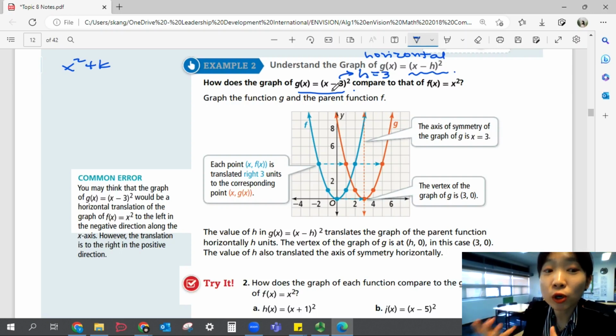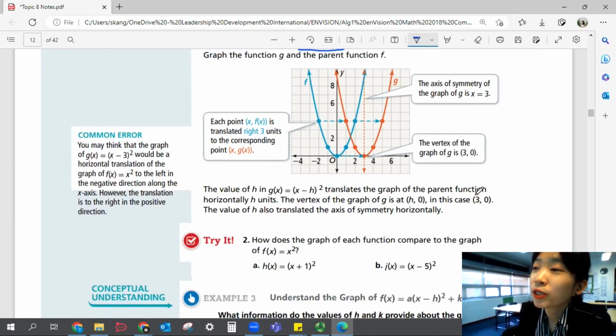But for x, for domain, it's backwards, okay? Because your equation itself, your function itself is written in terms of y, or your function. Okay? It's not x equals something y plus something, right? So that's why they're backwards.